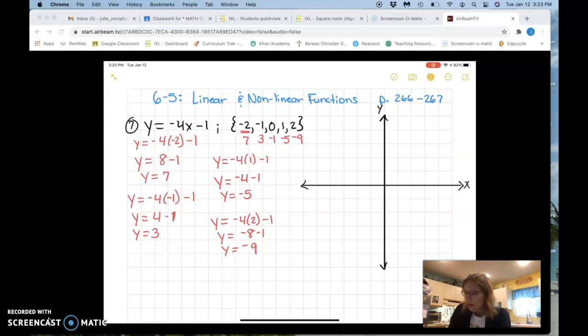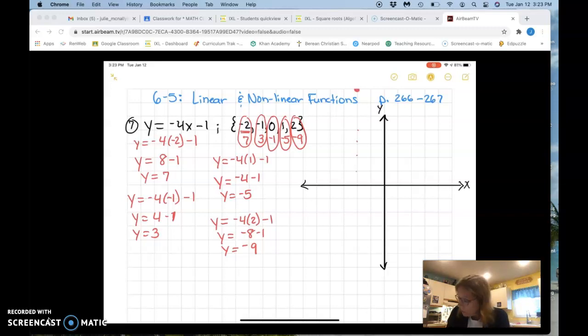So again, these are my ordered pairs. So now I'm just graphing each ordered pair and connecting the dots. So I got -2 and +7, which is way up here.